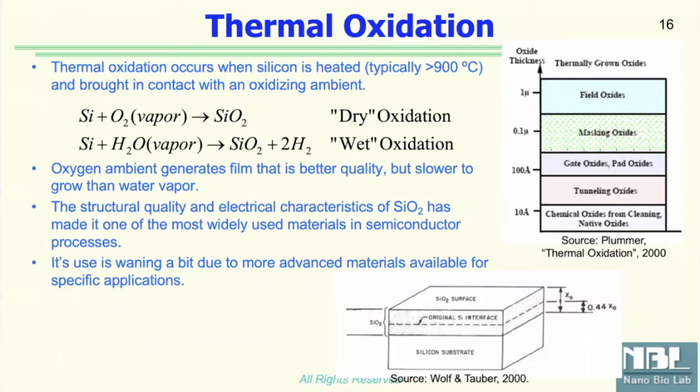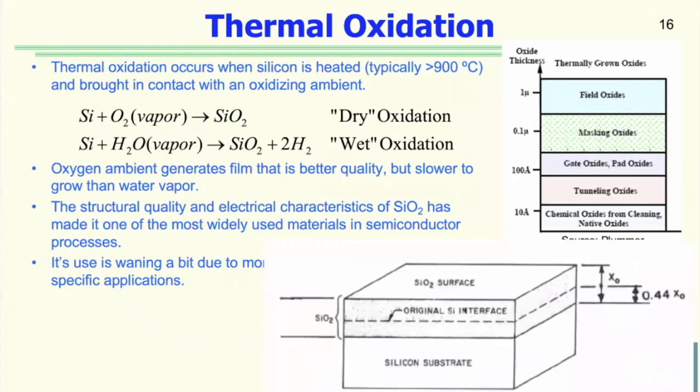Now, this is something which we have to study with the equation and understand the model of why this happens. This figure is just to show the oxygen species coming from the top.